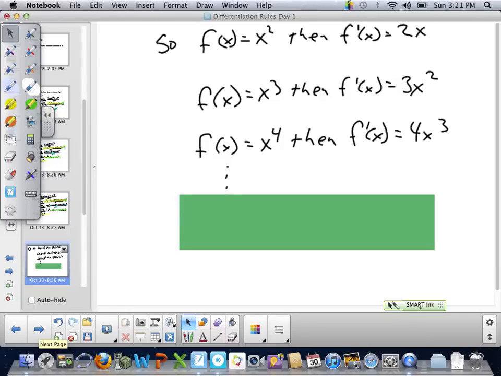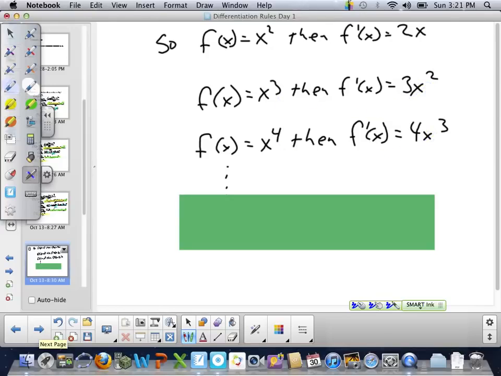What I'd like you to notice is the multiple in each of these and the power in each of the originals. So the multiple in each of them is equal to the power. And what happens to the power as we go to the derivative? Notice the derivative is always 1 power down.